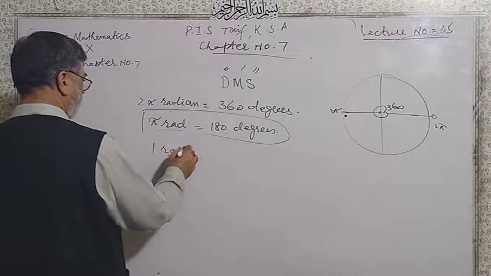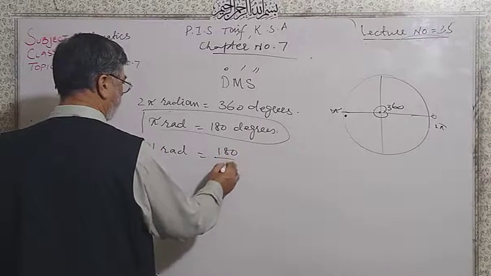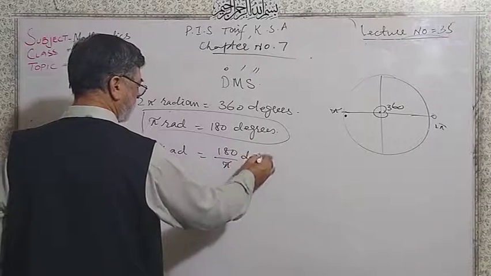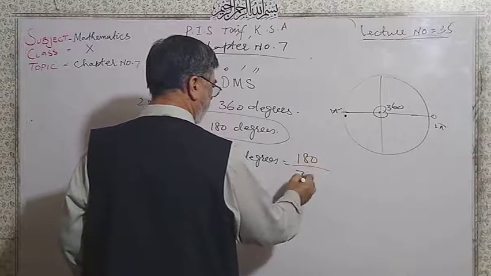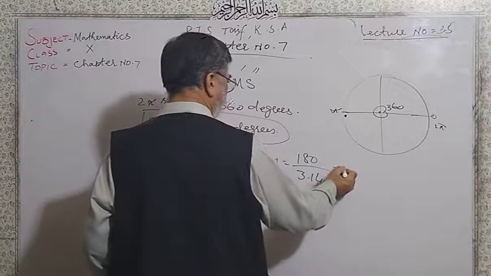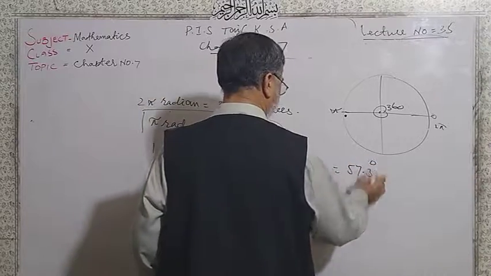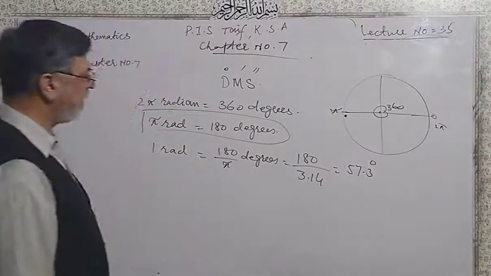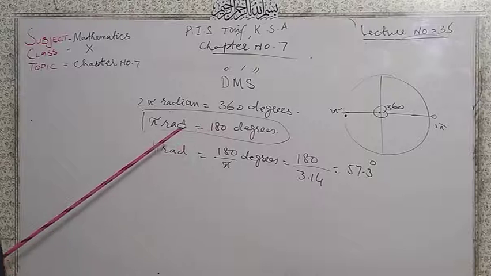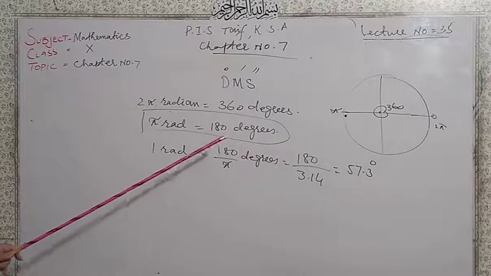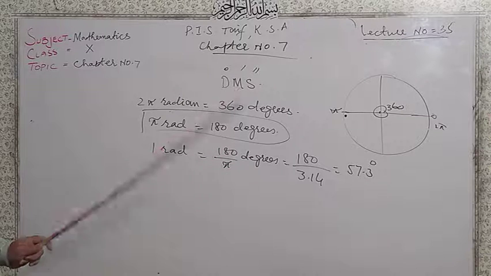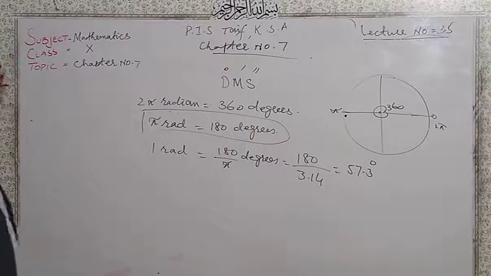1 radian is equal to 180 over pi degrees. Basically 180 over pi, with pi as 3.14, is nearly 57.3 degrees. So 1 radian is equal to 57.3 degrees or 180 over pi degrees. For the conversion we will use these formulas.